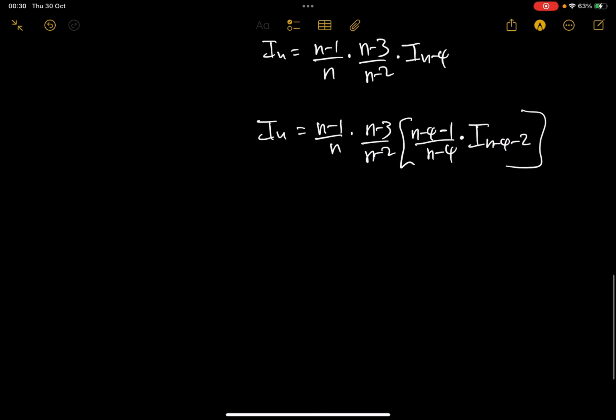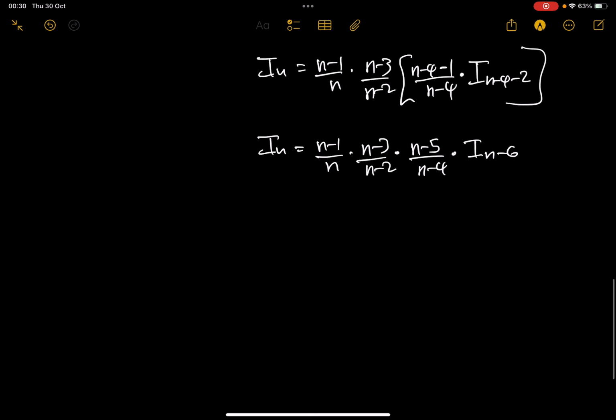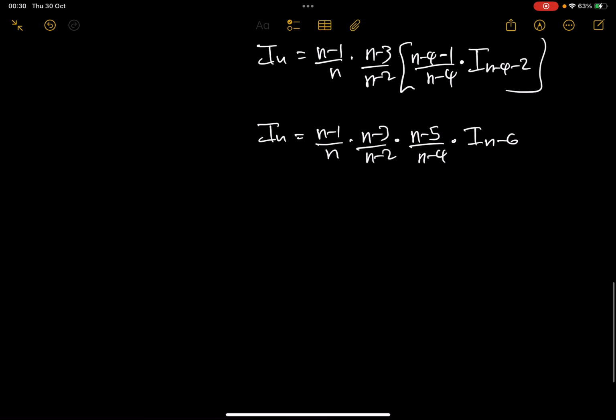So this will be I_n equal to (n-1)/n times (n-3)/(n-2) times (n-5)/(n-4) times I_(n-6). As you can see, this will iterate and go on and on, but later what determines the limit?